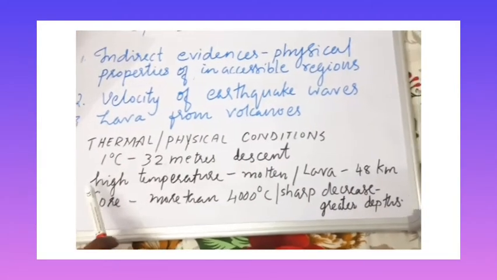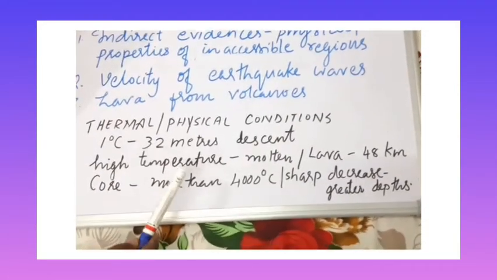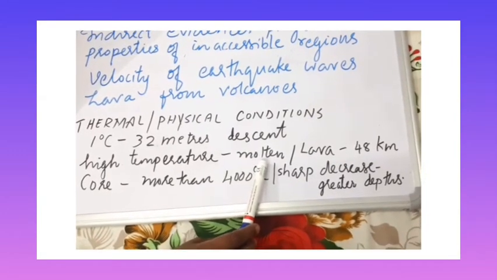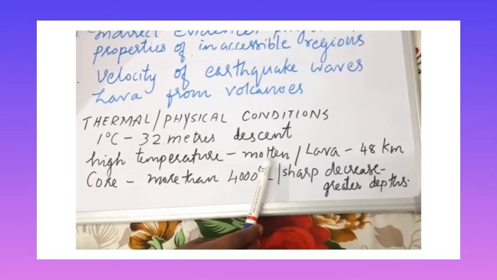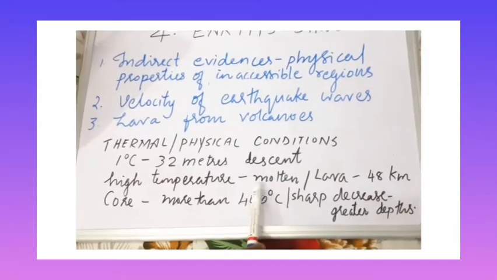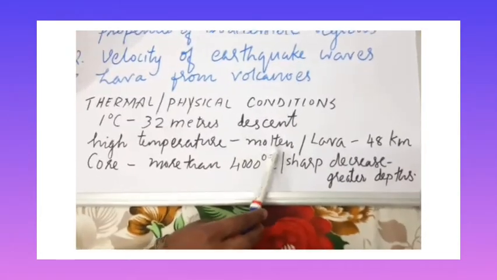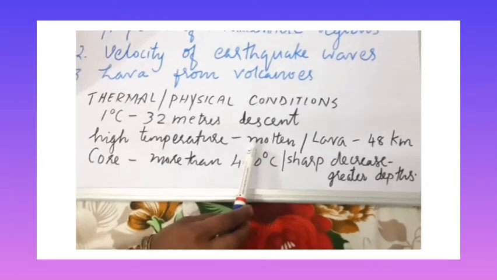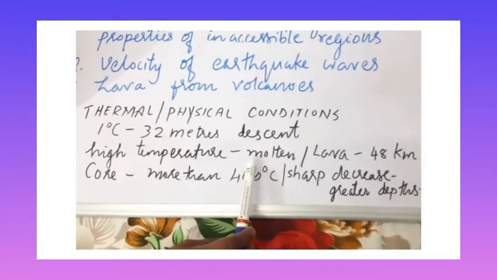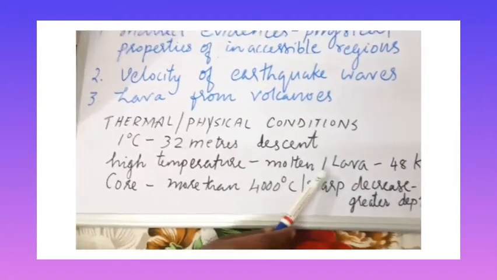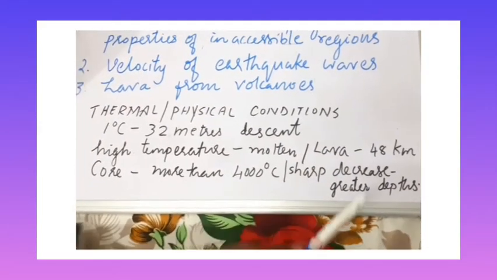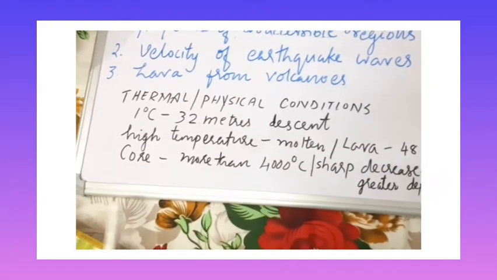At such a high temperature, the rocks and solid materials cannot remain in solid state. They are in a molten or melted state. It is therefore inferred that the source of the lava eruption from volcanoes is at a depth of about 48 kilometers.